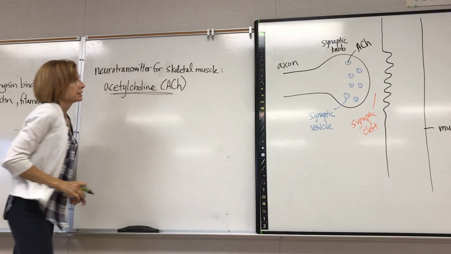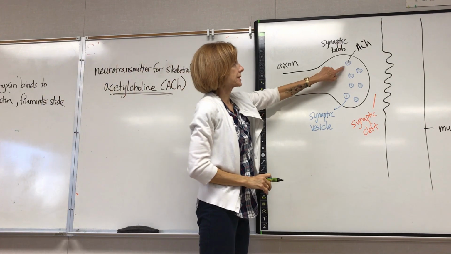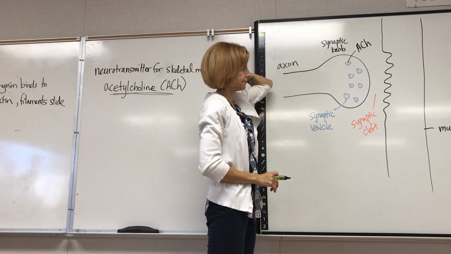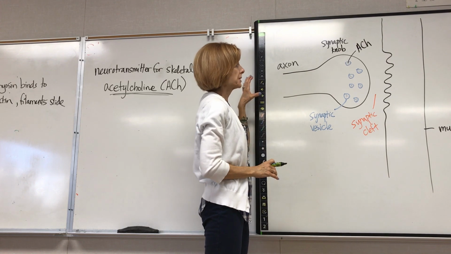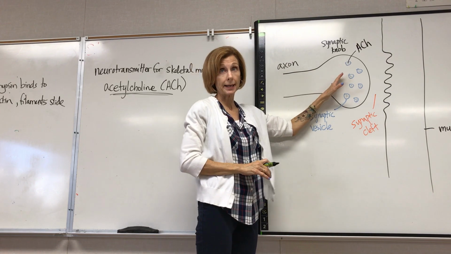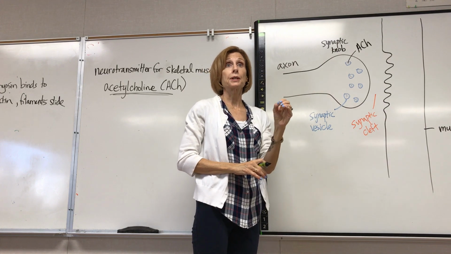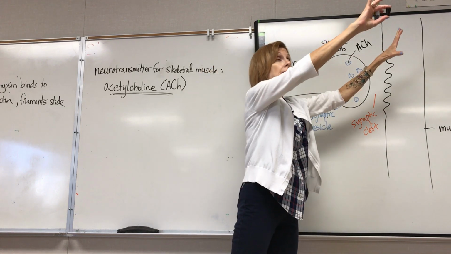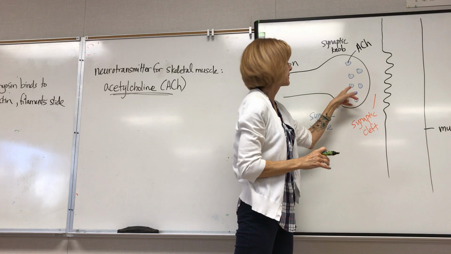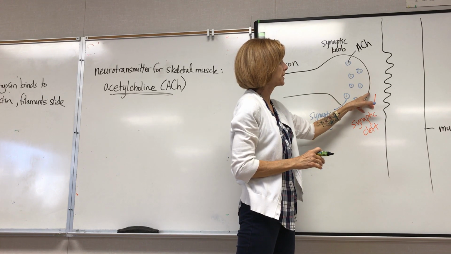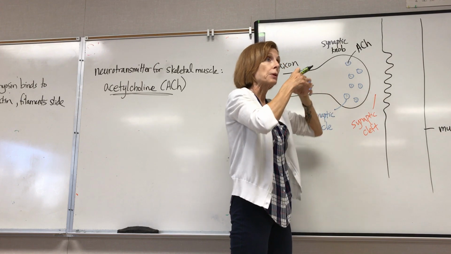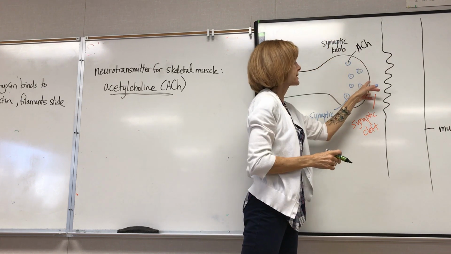So that is what we have inside the little synaptic vesicles. When the action potential gets to the end of the axon, the acetylcholine will be released from these vesicles. Some of these vesicles will come all the way up to the membrane of the axon. They will open up and release their acetylcholine.